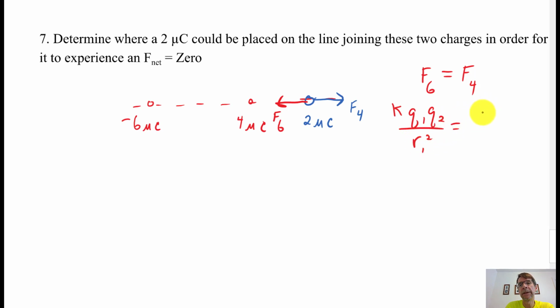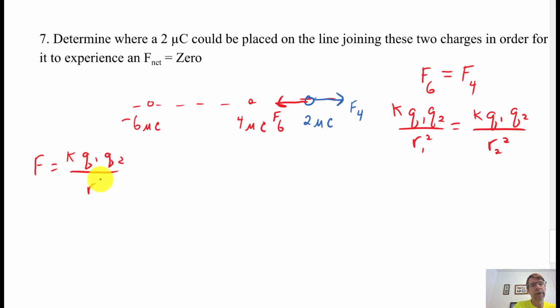This is going to be k Q1 Q2 over R2 squared. This is a generic statement: the force F equals k Q1 Q2 over R squared. But now let's put some actual numbers in here for F6 and F4.